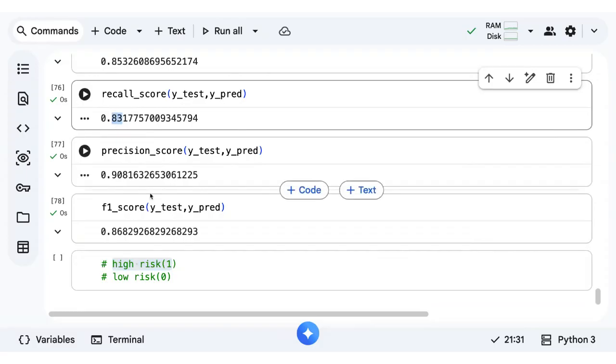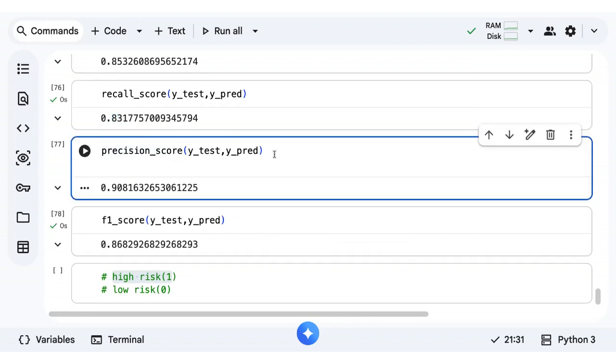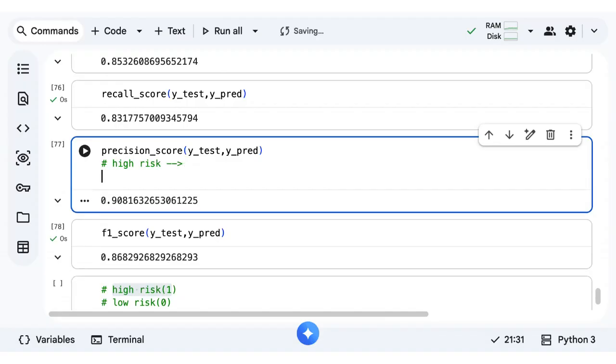Coming to precision. So here what is happening? Just opposite. Among all the high risk people, how many are actually predicted as high risk? It's 90%. High risk is one because it's actual positives.